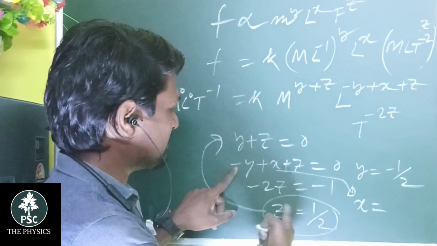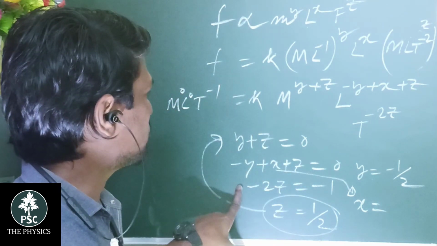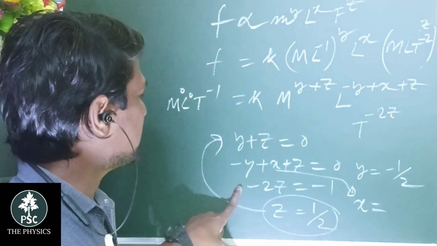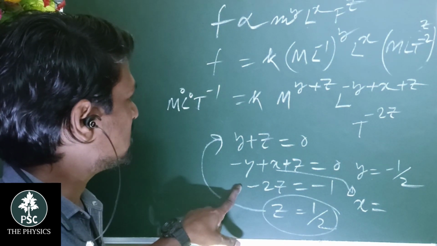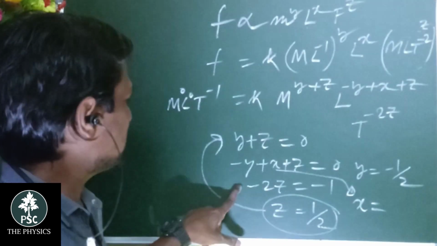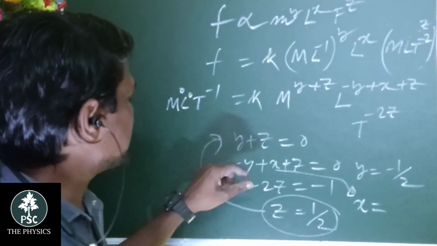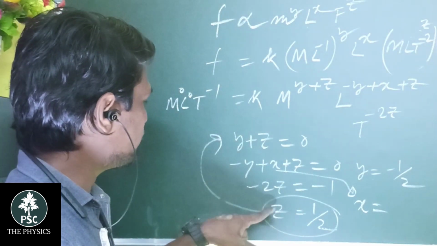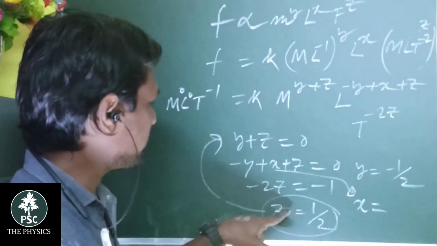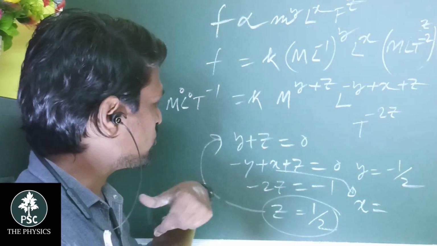Somehow it is wrong, I think. So y plus z equal to 0, and if z is half, you get y equal to minus half.